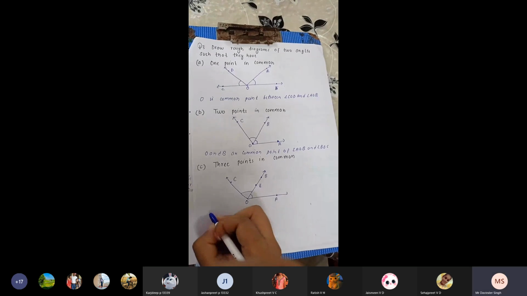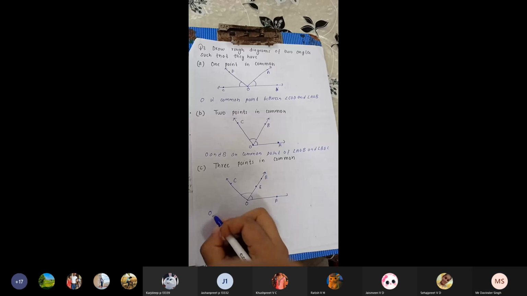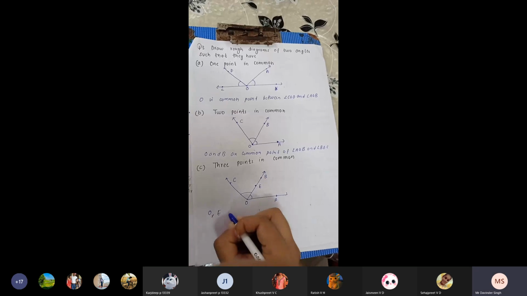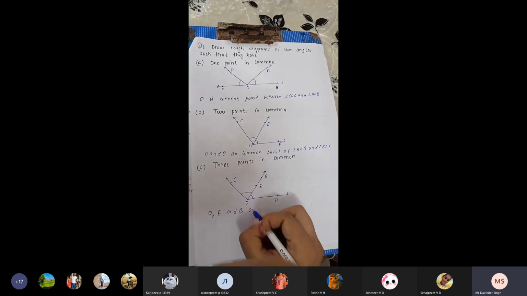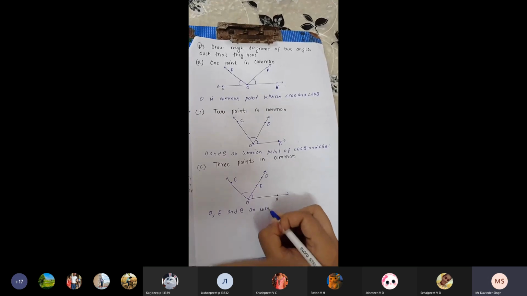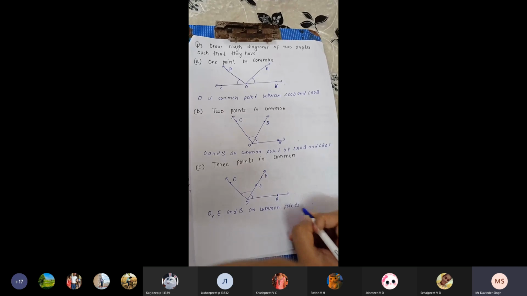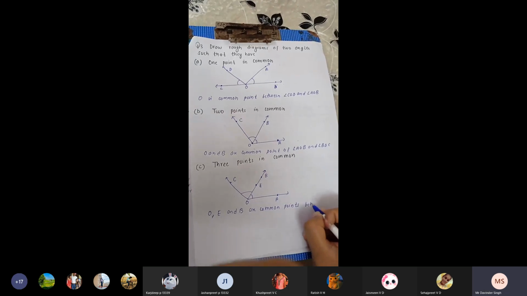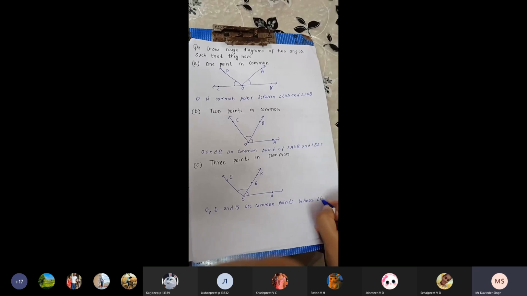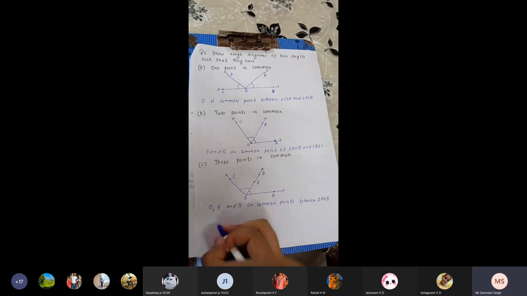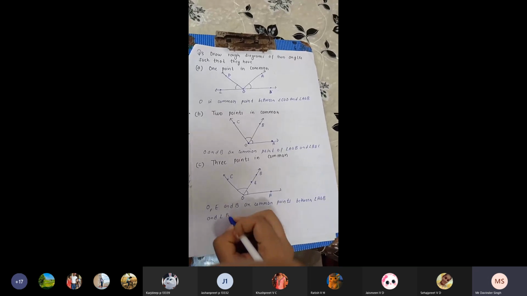So here O, E and B are common points between angle AOB and angle BOC.